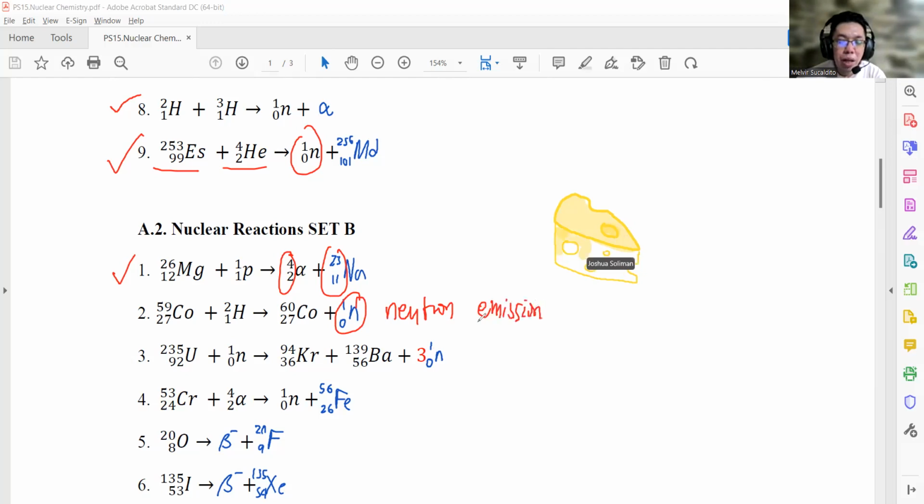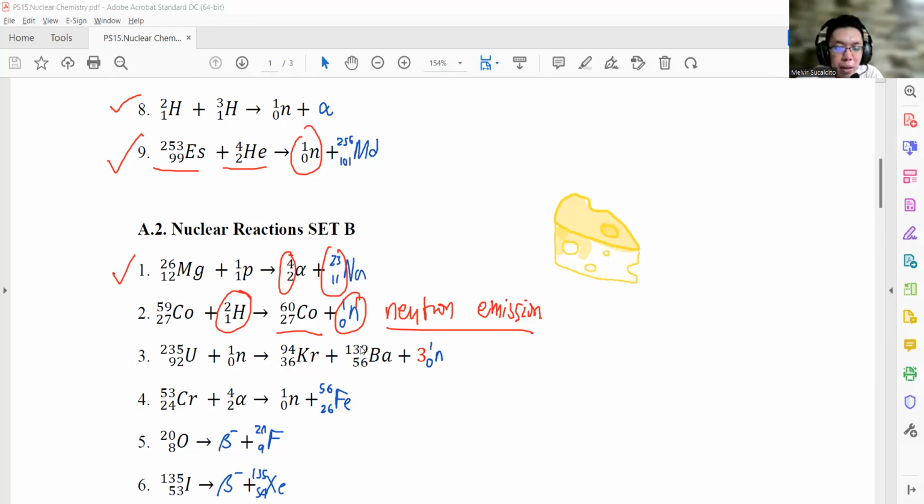Kailangan mabigat yung ibobombard mo kay cobalt. This is how you form cobalt 60. Deuterium yung ibobombard mo kay cobalt. And cobalt 60 na siya.